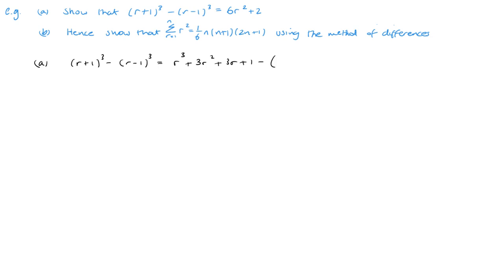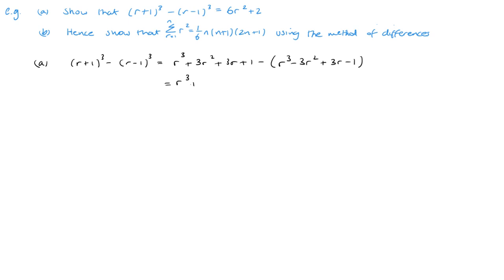Then minus, now expanding (r minus 1) cubed gives me r cubed minus 3r squared plus 3r minus 1.